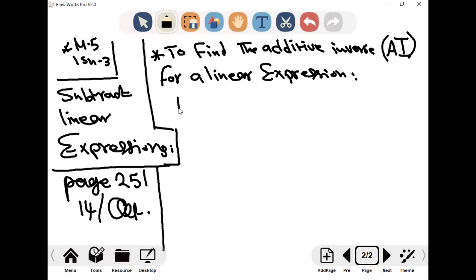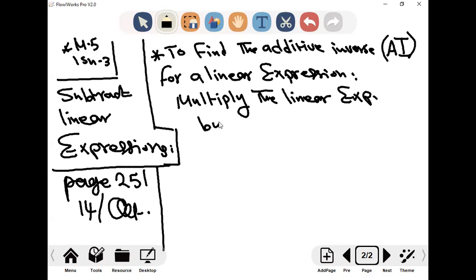Multiply the linear expression by negative 1.